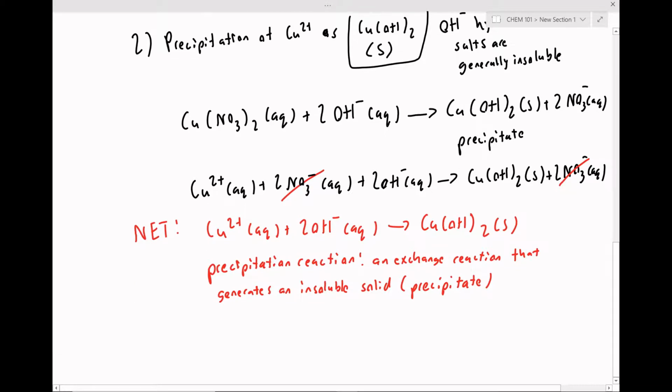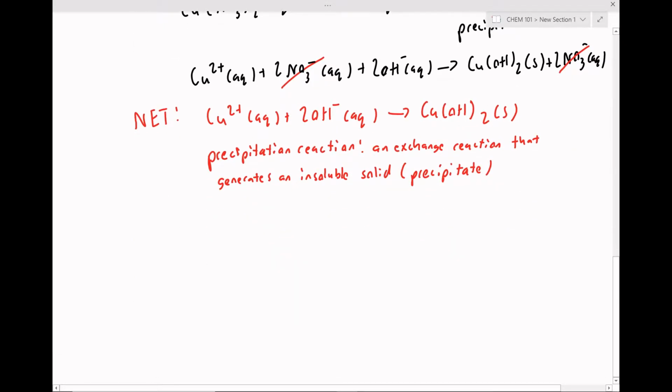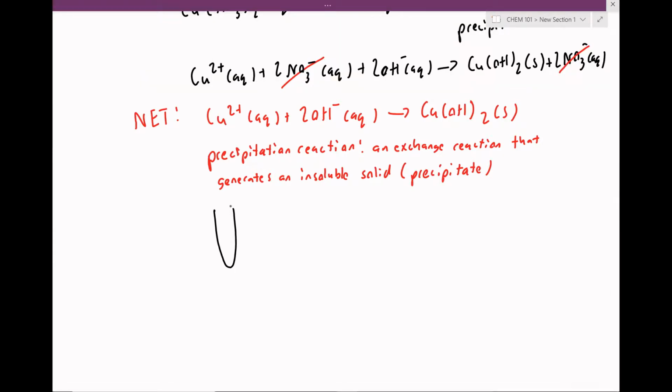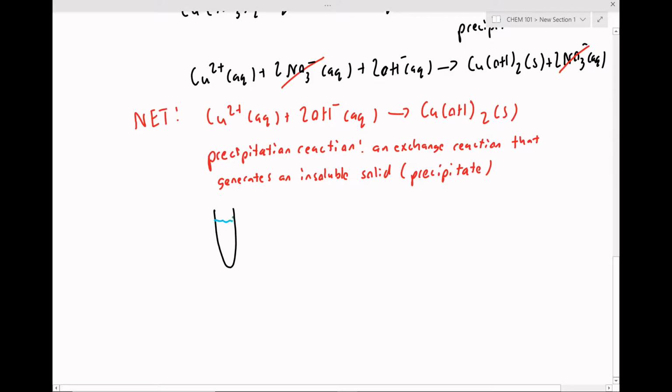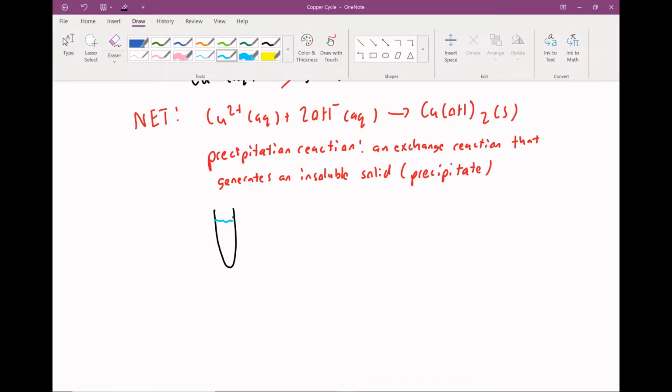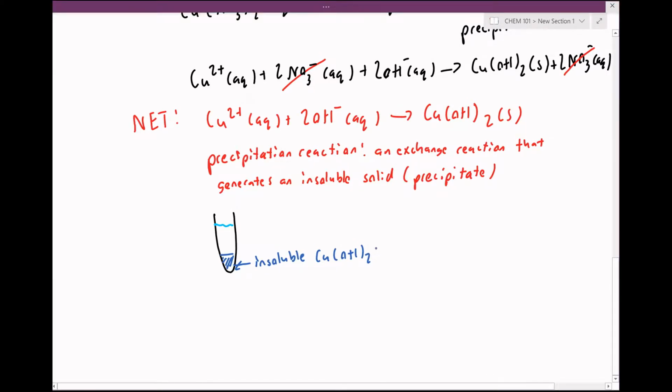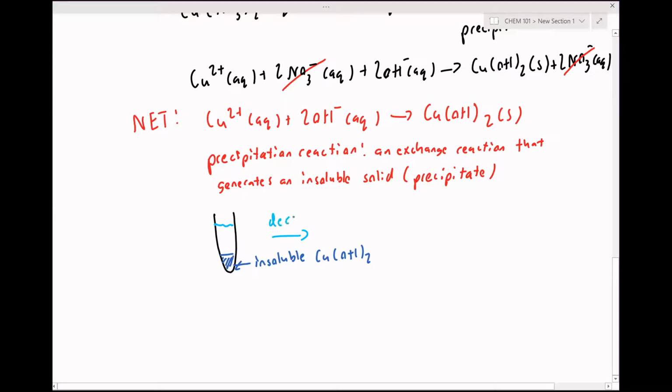Now from here, in our test tube, we have our solution, and at the bottom of our test tube, we'd have our insoluble copper hydroxide. So then, from this, all we have to do is decant, or remove, our liquid.